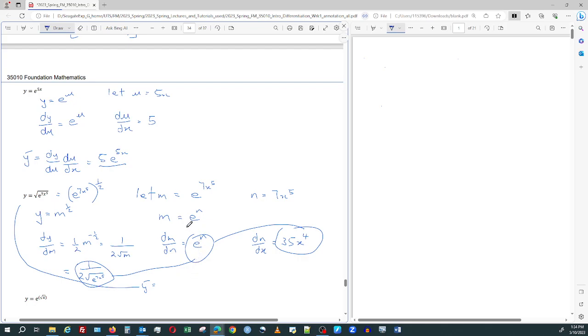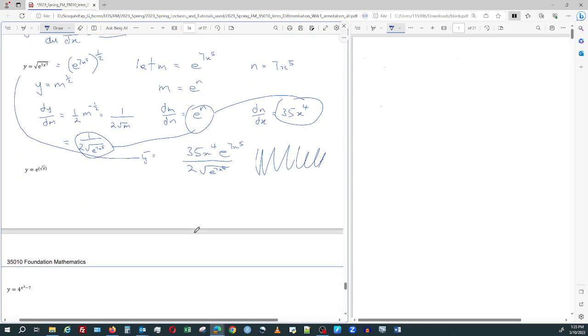So e to the n is 35x^4 sitting on the numerator. e to the n, which itself was 7x^5, just substituting them back in. And then down the bottom here we had 2 root e to the 7x^5. I know it's a lot, but this is what you must do for Maths 1. Okay, you must have this for your Maths 1.